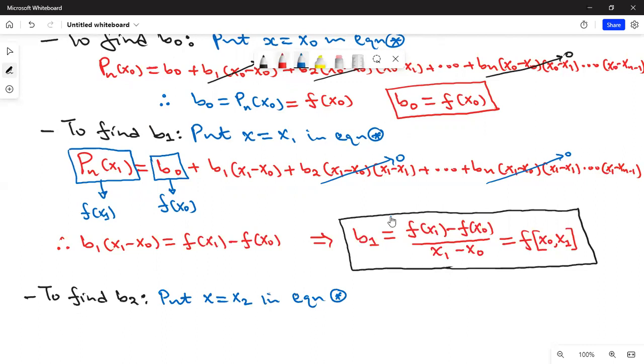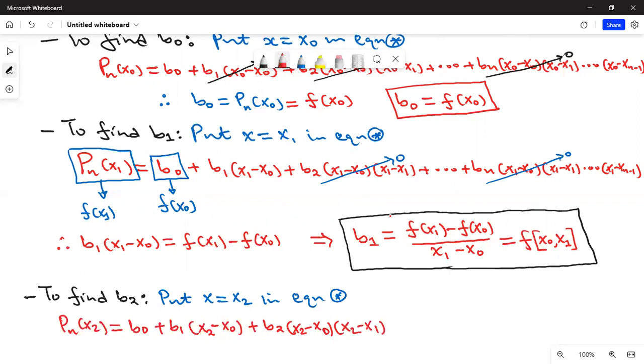So this is what you are going to get. Pn of x2 is equal to b naught plus b1 times (x2 minus x naught), then plus b2 times (x2 minus x naught)(x2 minus x1).